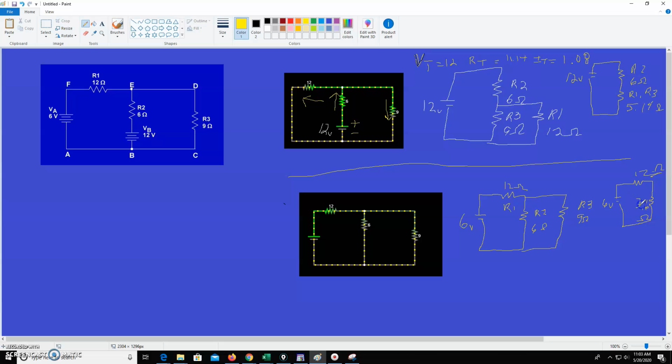So now it's just a matter of going back and identifying our current flow here. So we're leaving our positive, and we're going that way, and we're coming down here. So here's what we've got now. VT is 6 volts, RT is equal to, what was it, 15.6.